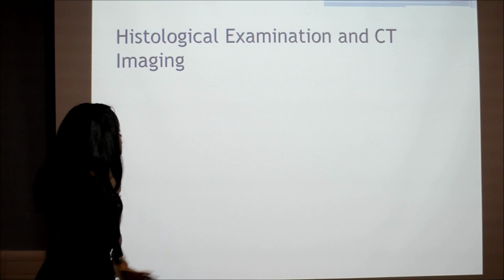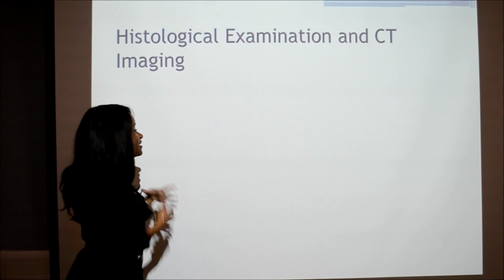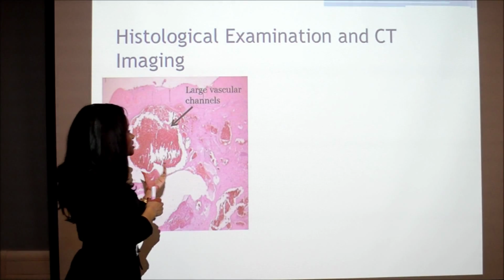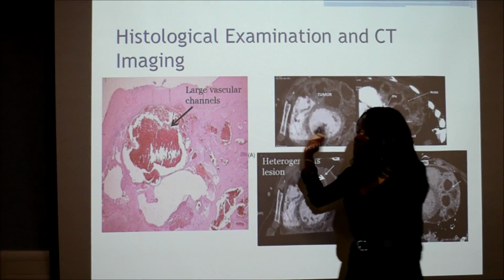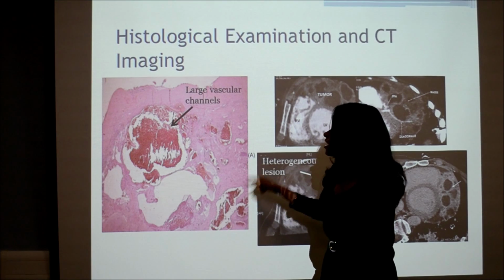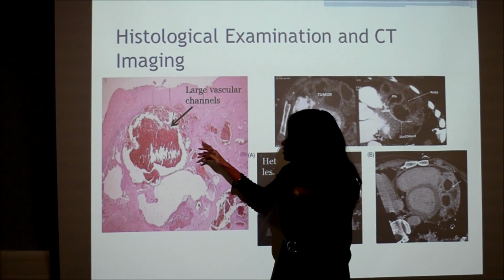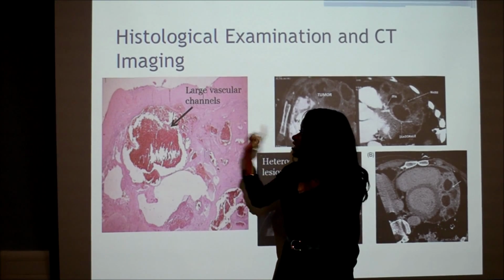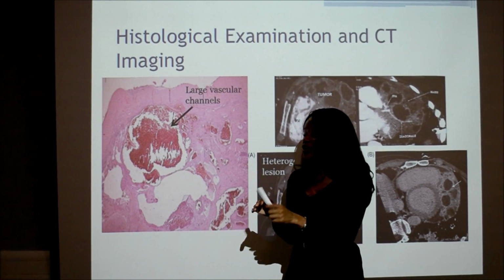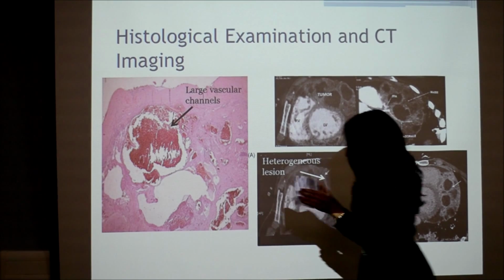So, as you can see in the images, histopathological examination is very easy with this tumour. It shows large vascular channels that are lined with a flattened endothelial, which are. Okay. Start the slide. Okay, start. Sorry, guys.